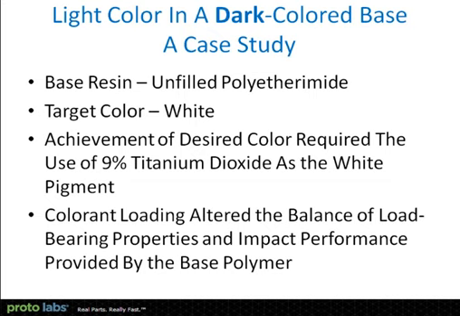What we found was that in order to achieve the desired shade of white, we had to put in 9% titanium dioxide. The desired levels are around 1 to 3%. At 9%, we're no longer talking about a color, we're talking a lot more about a filler. And so obviously when you put 9% of anything into a base resin, you're going to alter the balance of load-bearing properties and impact performance that are in the base polymer.